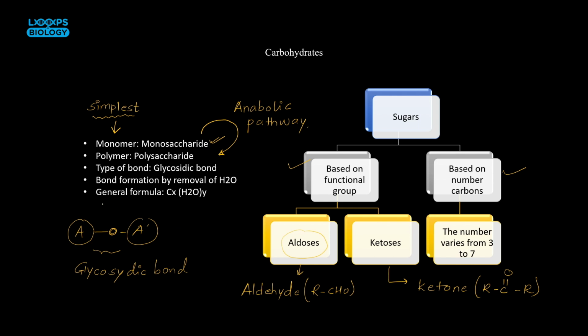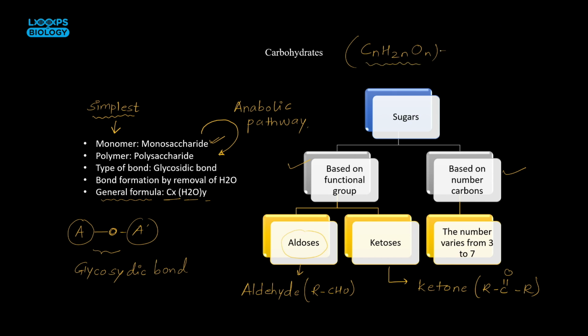During that bond formation, there is always the removal of a water molecule, and the general formula for carbohydrates is CxH2yOy, where x and y are numbers. That is completely based on the number of carbons and the number of water molecules present inside that particular structure. They are not as such water molecules, but we can also write this formula for a monosaccharide as CnH2nOn.